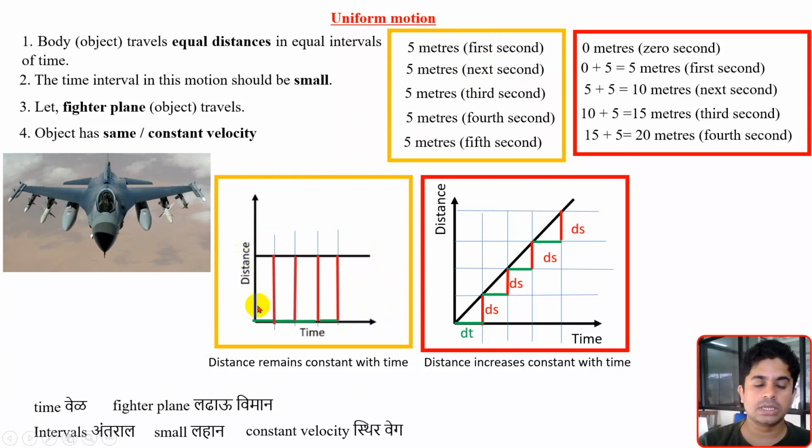So this kind of motion is also uniform motion, where equal distance is covered in equal intervals of time. So this is also an example of uniform motion. We will discuss more about uniform motion in coming videos.